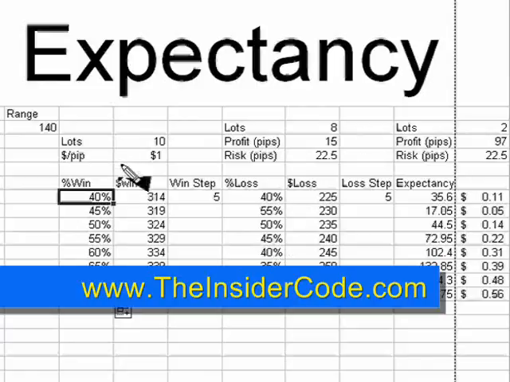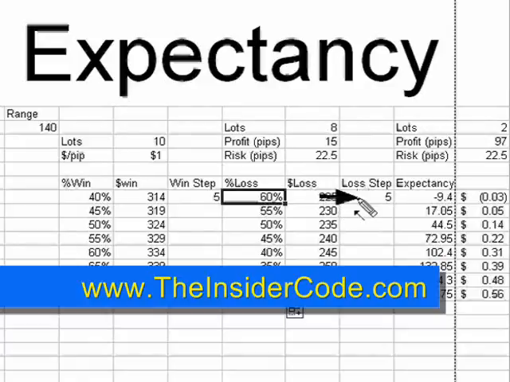If we're winning 40% of the time, that means we're losing 60% of the time. At this point, with these particular numbers, it's very important for you to remember, now we're losing money. If we go up to 45%, now we're back to making money. But you can see that at this point, when we put $1 in, we're going to get $1.05 back. So you can see the profit margin isn't as great there.